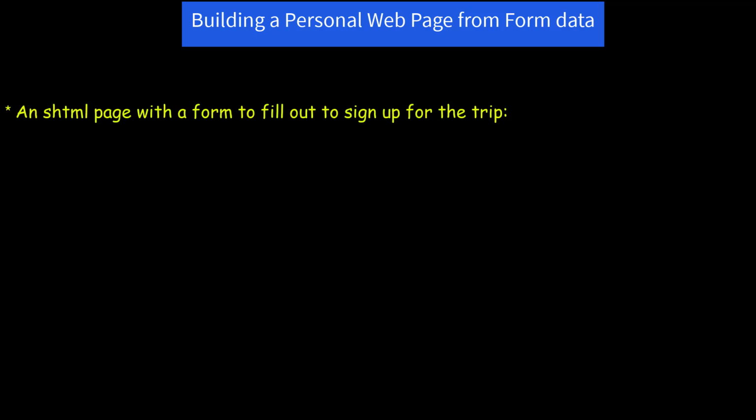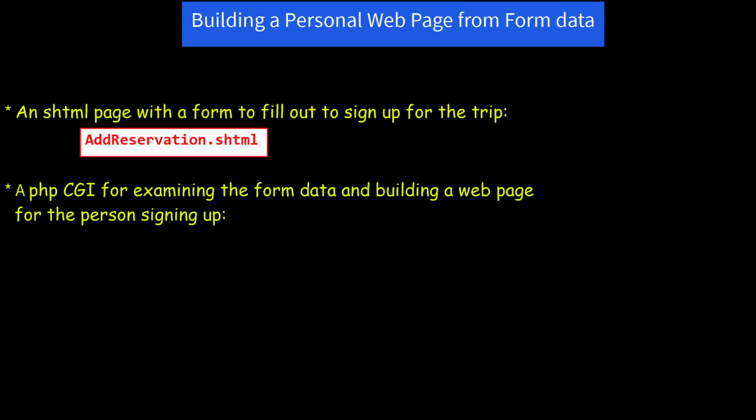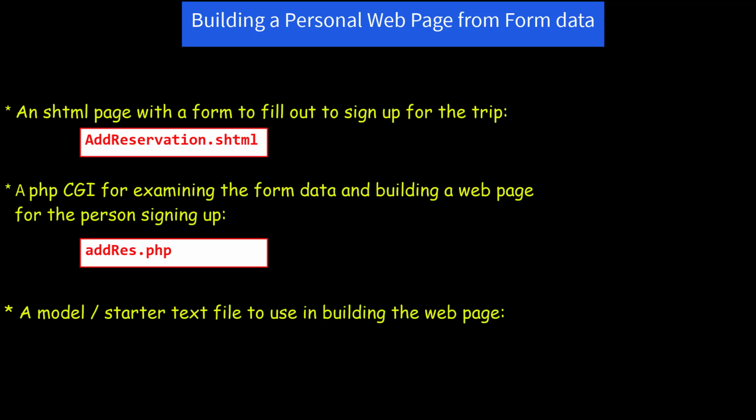So we have the three pieces we need. An SHTML page with a form to fill out to sign up for the trip, add reservation.shtml, a PHP CGI for examining the form data and building a web page for the person signing up, add res.php, and a model or starter text file to use in building that web page, modeltraveler.txt.